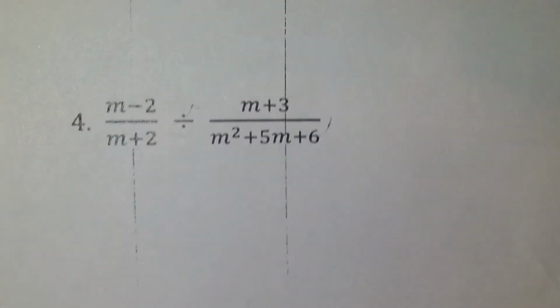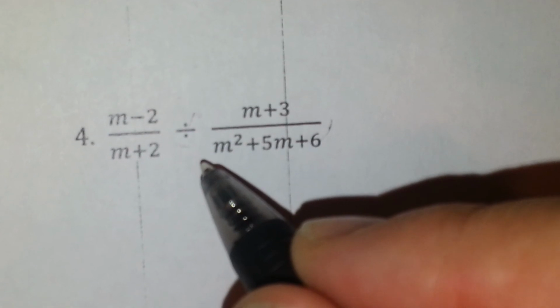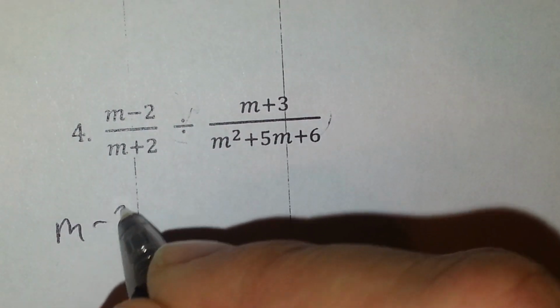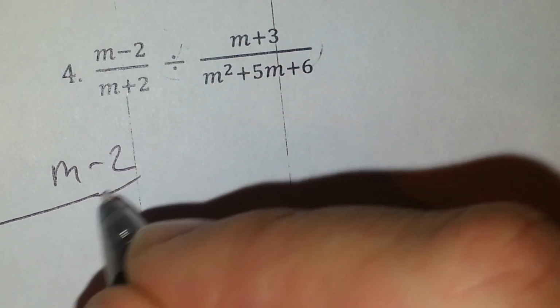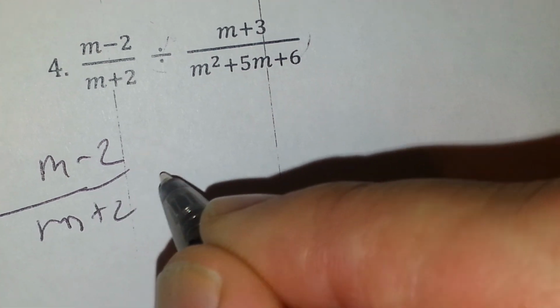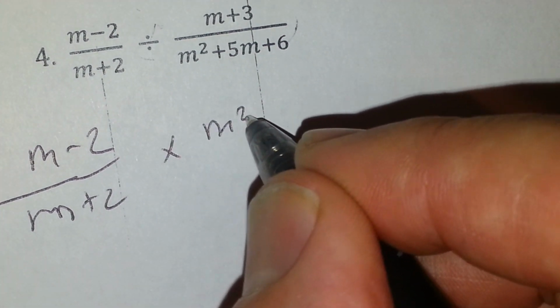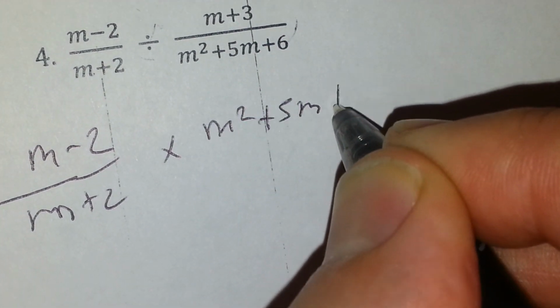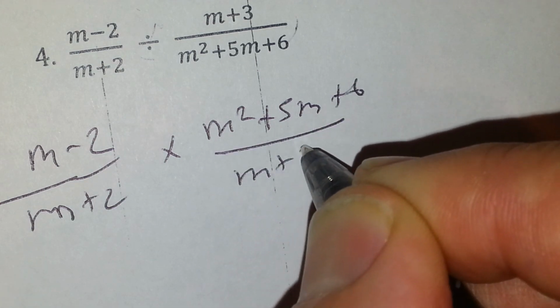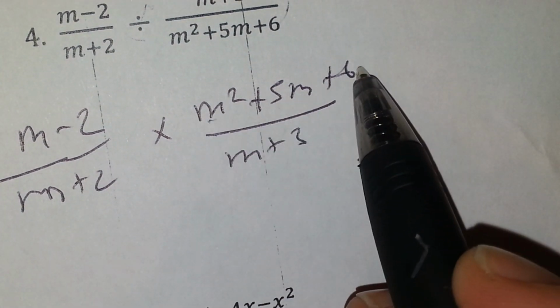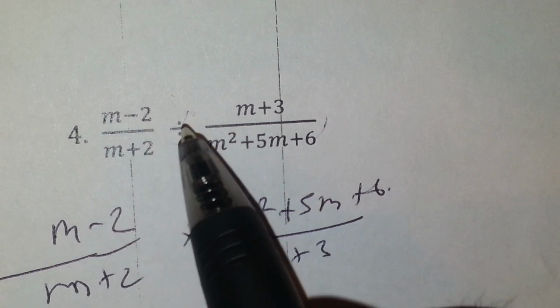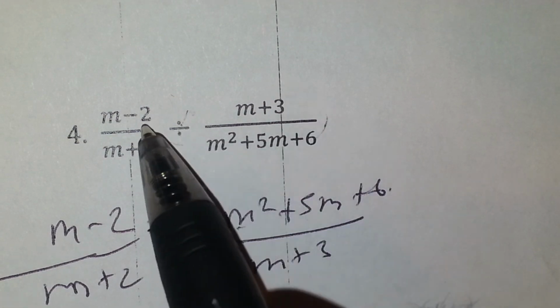There's 12 minutes. So remember, I'm going to change this to m minus 2 over m plus 2 times m squared plus 5m plus 6 over m plus 3. And this is very easy to factor and cancel out. Remember, division changes to multiplication and flip.